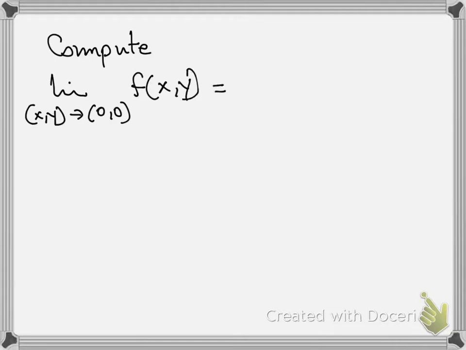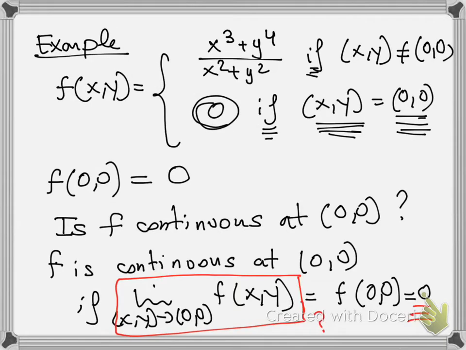So what's this? When (x, y) approaches (0, 0), what's the value of f of x, y? It means that x, y are not equal to (0, 0). They're very close to (0, 0), but they are not equal to (0, 0). So that means we have to use this expression of the function f.